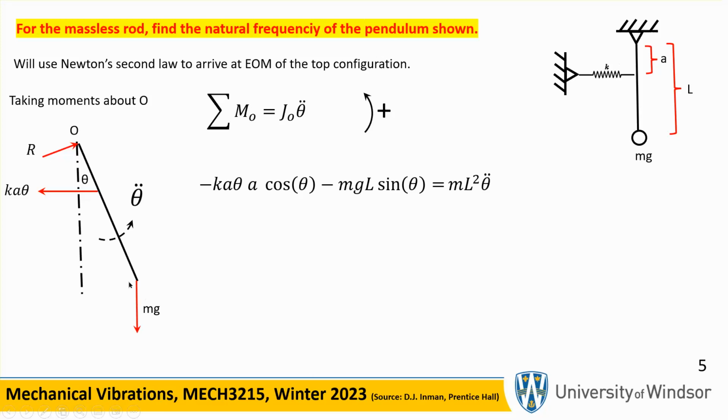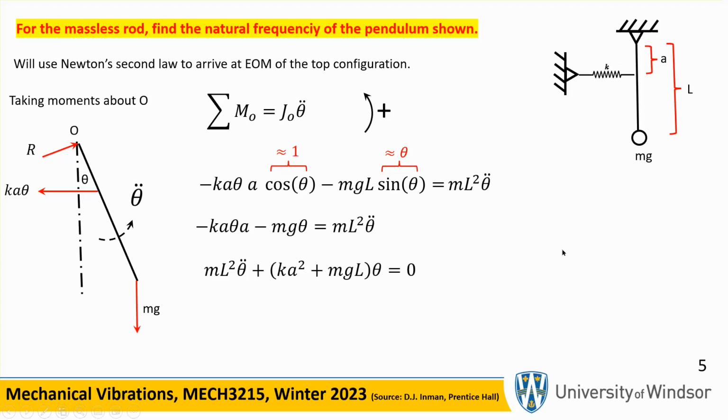And then the weight has a moment arm, which is just this horizontal distance, basically L times sine of theta. Once again, cosine of theta is approximately 1 and sine of theta is approximately theta, because we're looking for small oscillations. Clean it up, and you're going to get this.